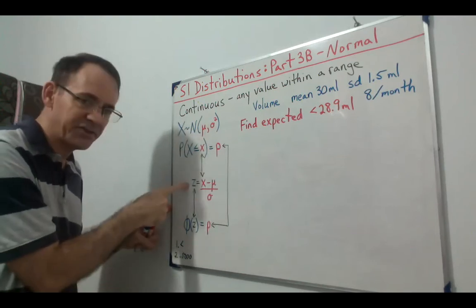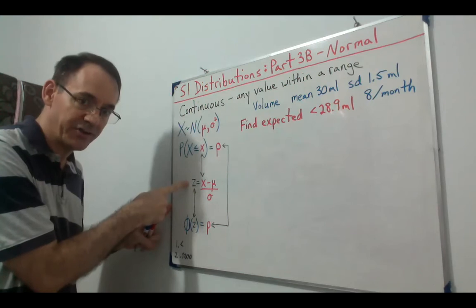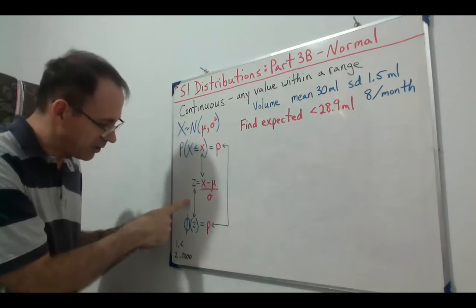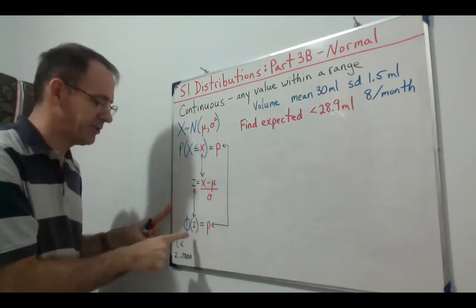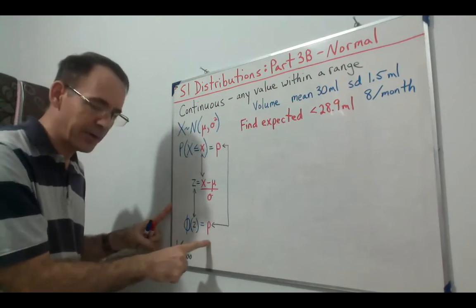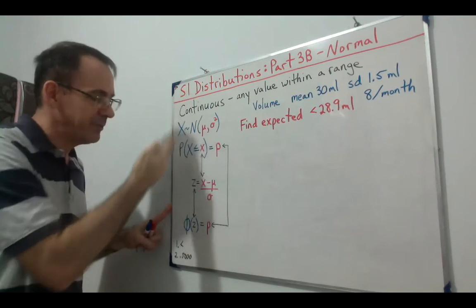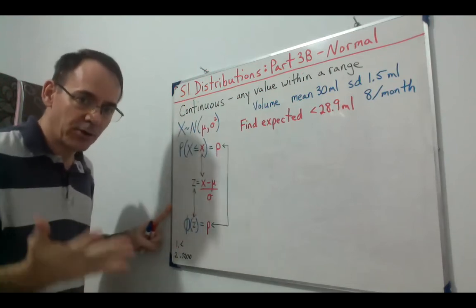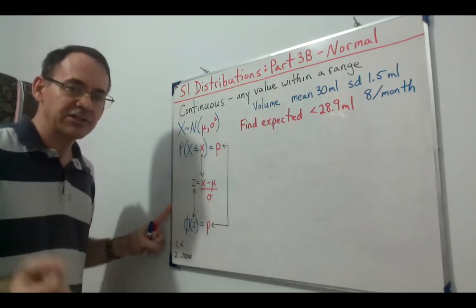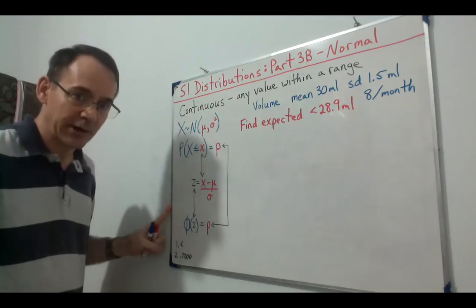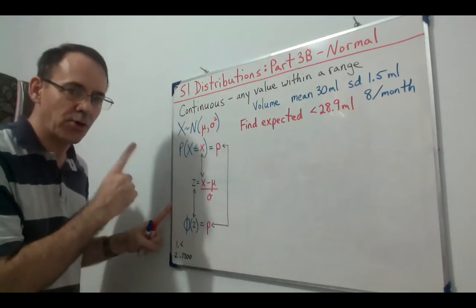You calculate the standardized value, which we call the z-score. Then you look up the z-score in your phi-z chart, and that gives you the probability, which is your answer to the question, assuming you're working through a normal direction. Of course, Cambridge is going to mix this all up for us, but you need to know where you're at in the system.